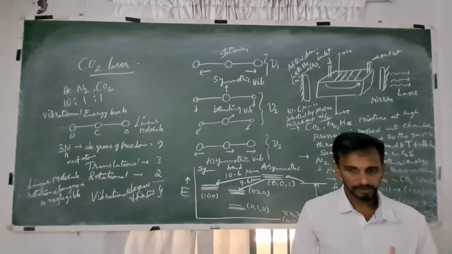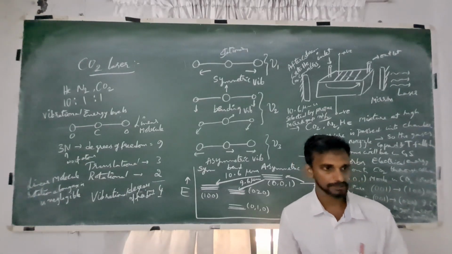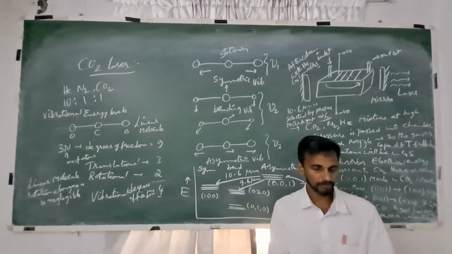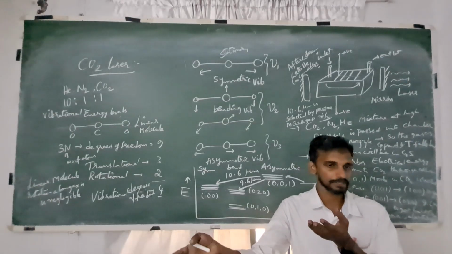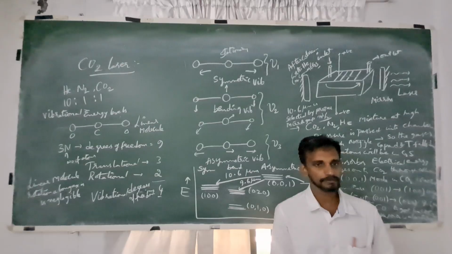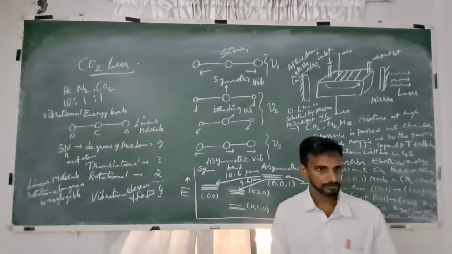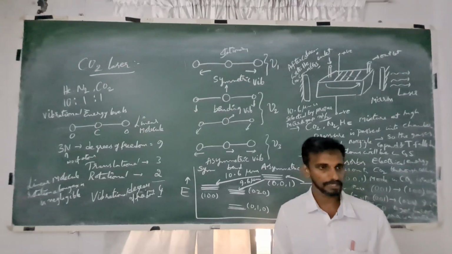So only batches of carbon dioxide molecules will be excited. Some are in an excited state, some may be in the ground state. So we will have continuous laser action possible. Otherwise, we will never have laser activity.